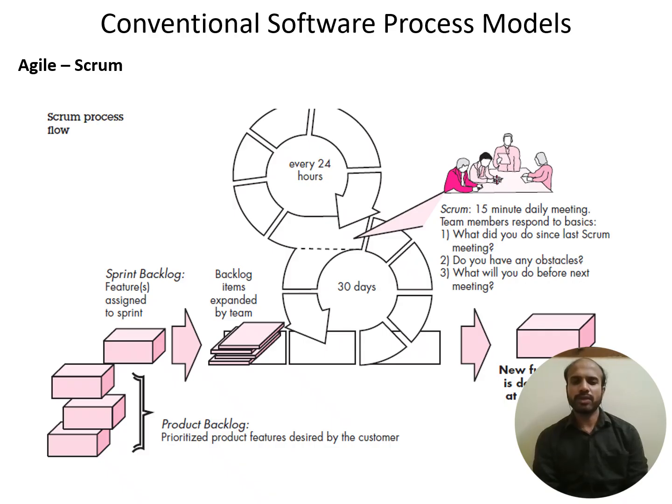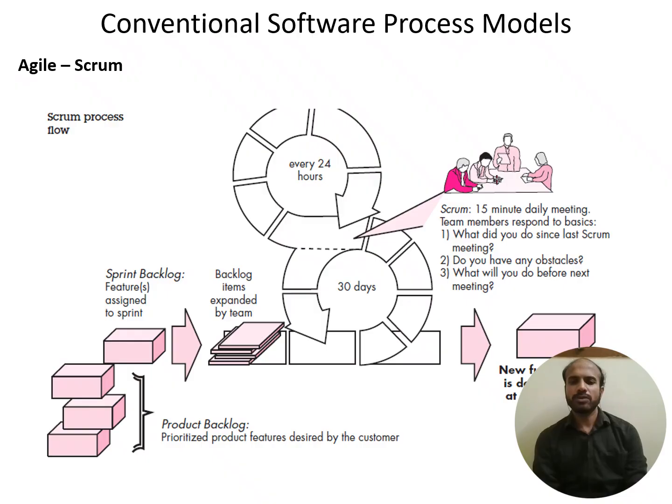So what happens every 24 hours is, as you can see on the right side top, the Scrum team will sit and have a 15-minute daily meeting. So what do they discuss in that 15 minutes? These three questions will be discussed.